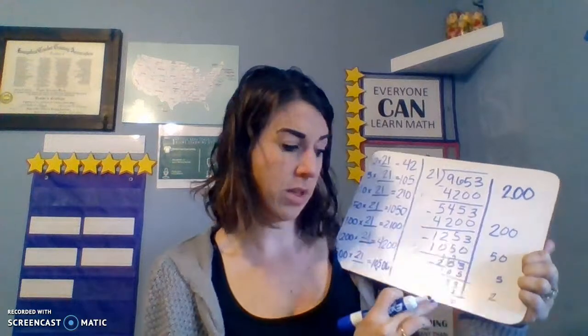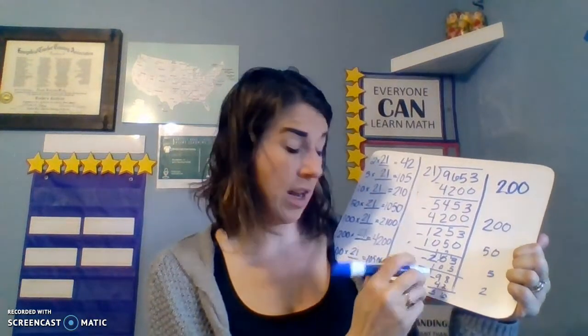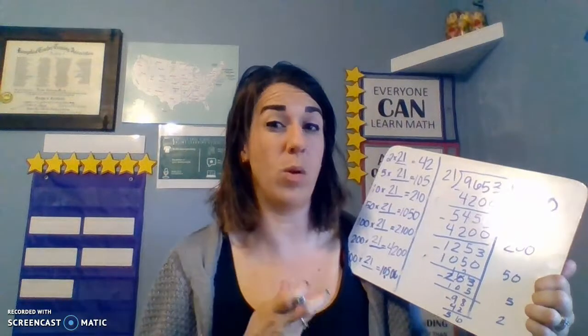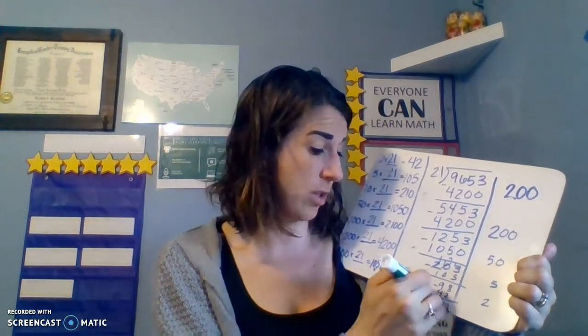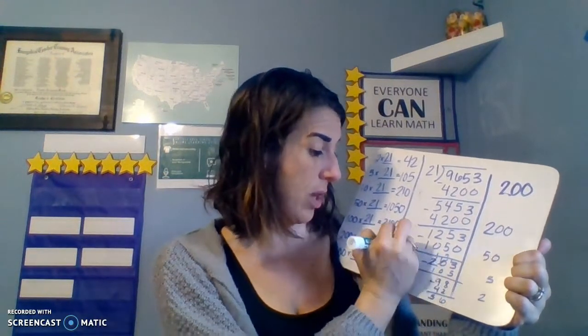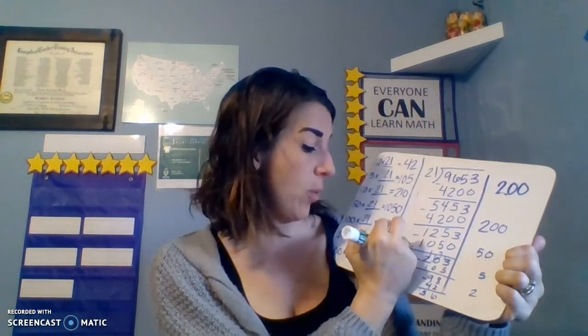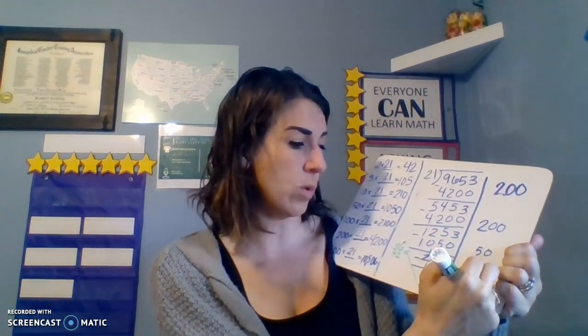Sometimes that happens. So I have 56. Now, because I'm getting so close to the bottom and I don't have any more room on my whiteboard, all I'm going to do is bring the 56 up here so that I can use space. And I see that I can take another group of 42, which is another 2.